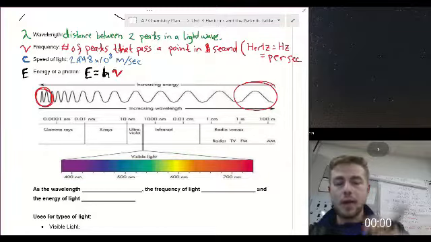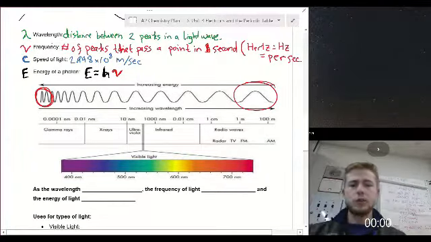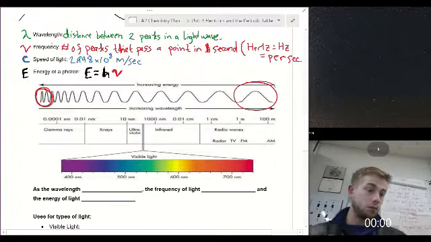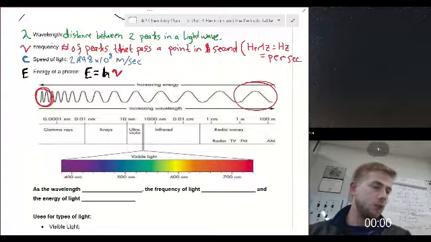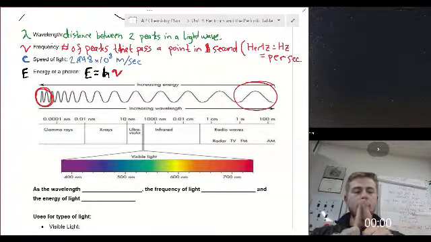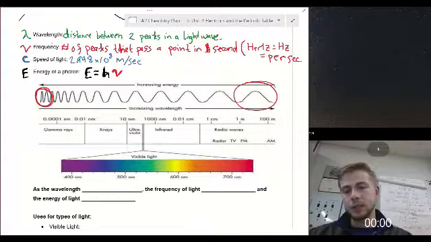The one thing I want to point out is that, and it's counterintuitive, as the wavelength of a wave of light decreases, as it gets smaller and smaller, a lot of people think that means the energy of the light has to be getting smaller as well.